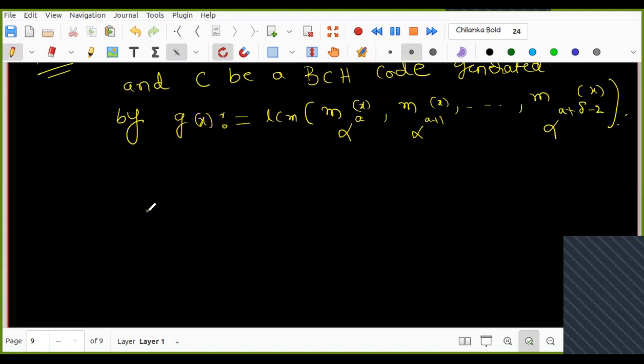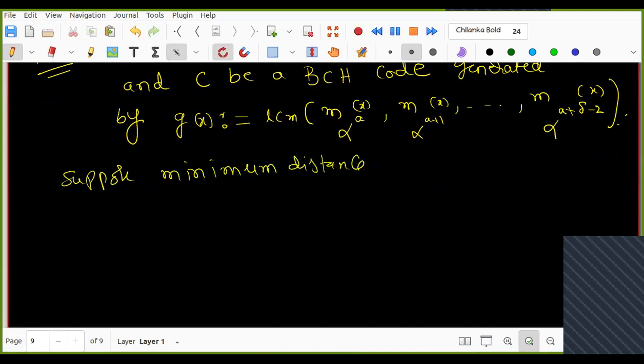Now, this is the beauty. Suppose the minimum distance d of C is less than delta. I'm proving by contradiction.